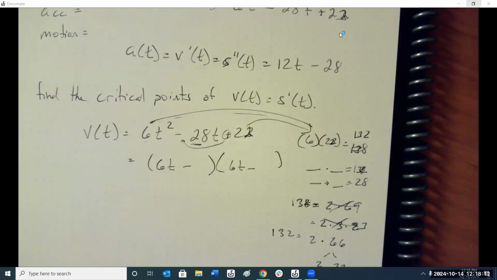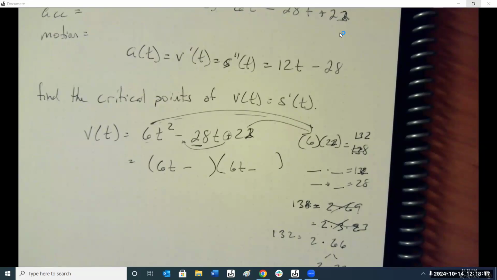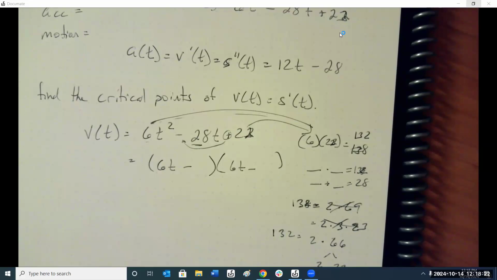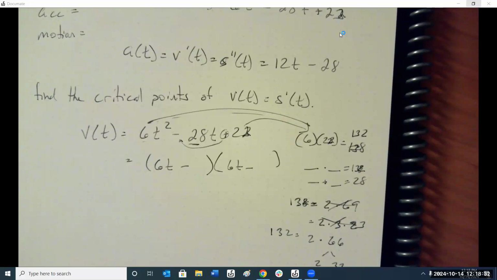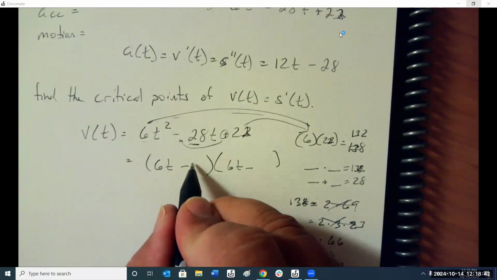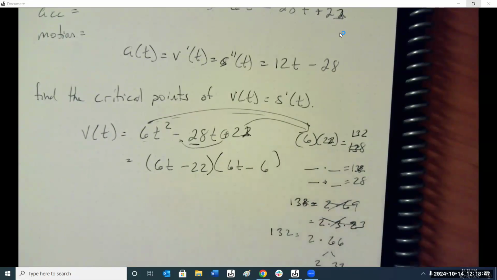When you add them, you get 28. 22 and 6.